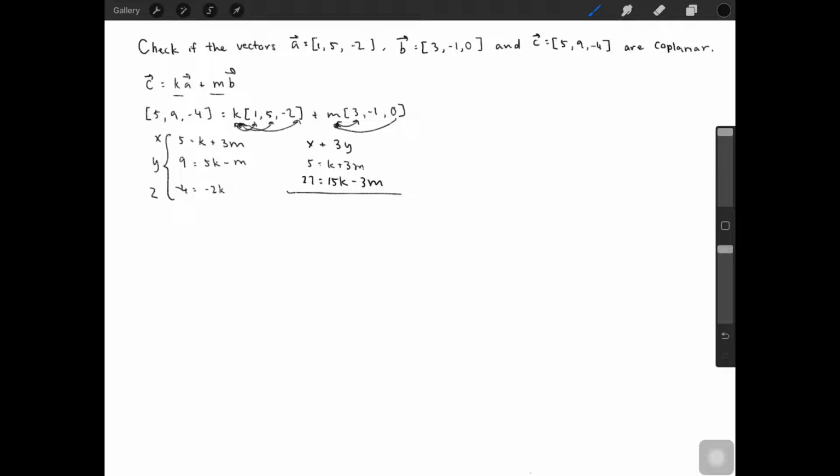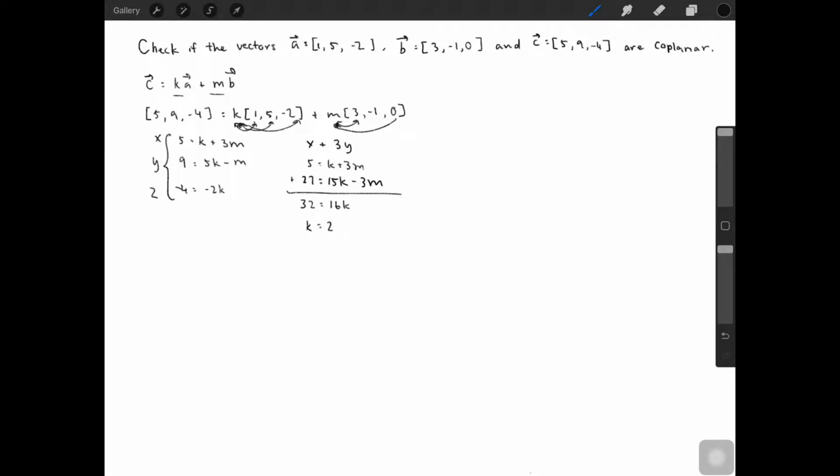So 5 plus 27 is 32. Then we have 16K and no M. So what is K? K is 32 divided by 16, which is 2.